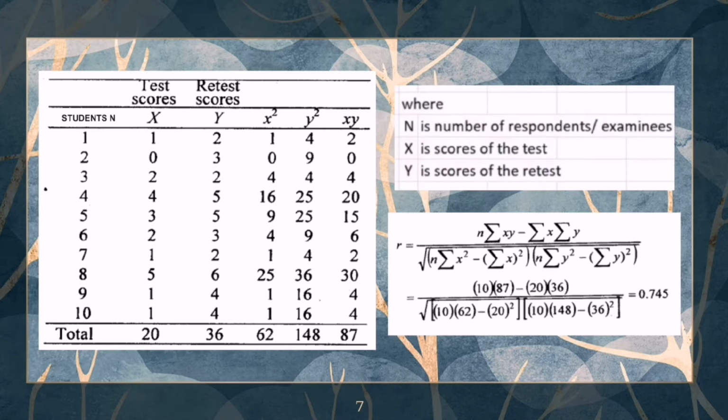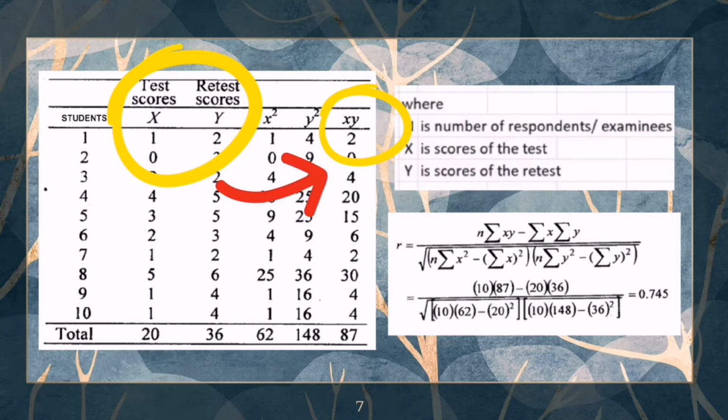While naman yung XY, you need to makuha yung product of X and Y. So, i-multiply mo lang si X at saka si Y. Like for example dyan is 1 times 2 equals 2, 0 times 3 equals 0, 2 times 2 equals 4.